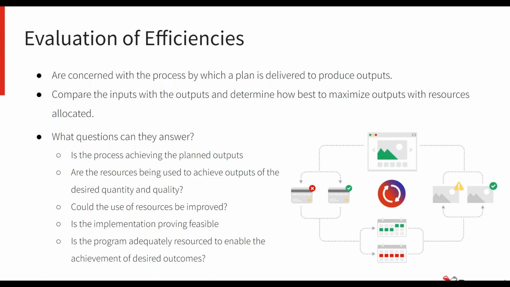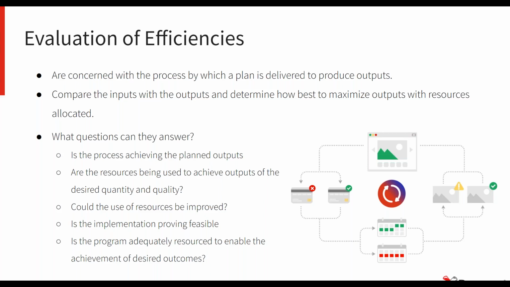And then there's also questions that you can try to answer. Is this process then achieving the planned outputs? Is this what I anticipated when I evaluated switching over to automated testing? Are the resources being achieved to achieve the outputs? Are you getting what you wanted? And could the use of resources be improved? That's a big question.